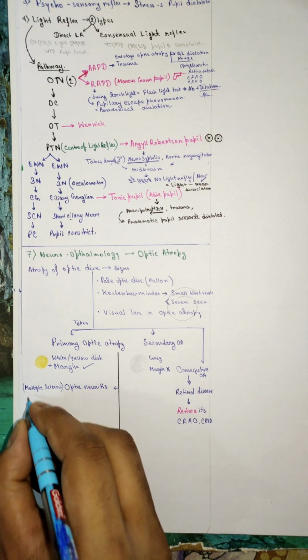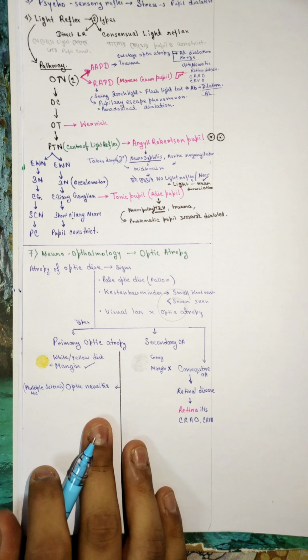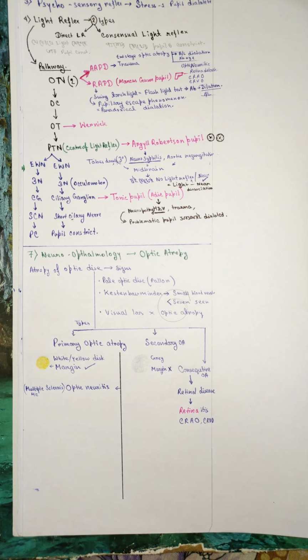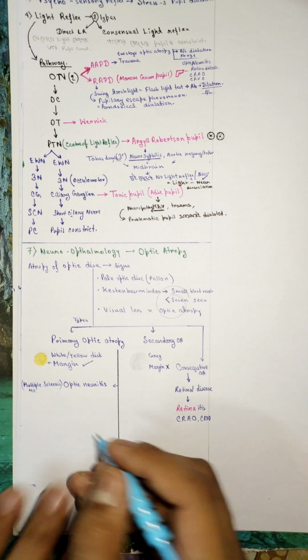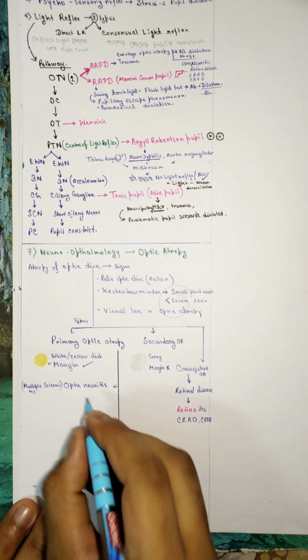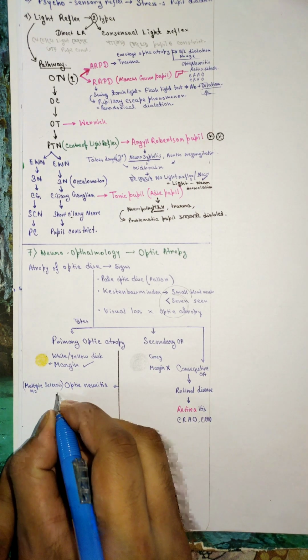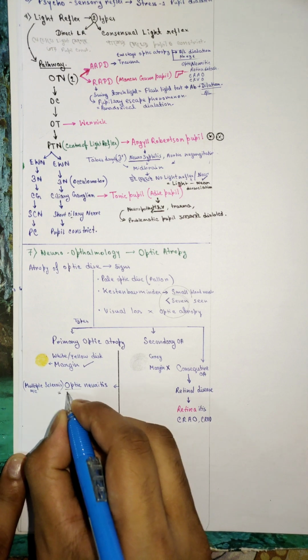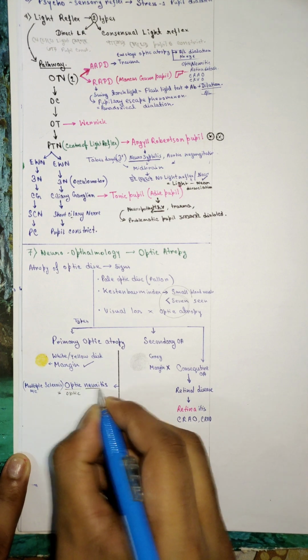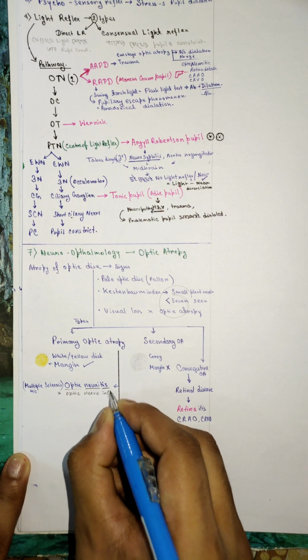Most common case. Now we will come to the classification of optic neuritis as well. Optic neuritis, what does it actually mean? Neuritis means nerve, itis means inflammation.